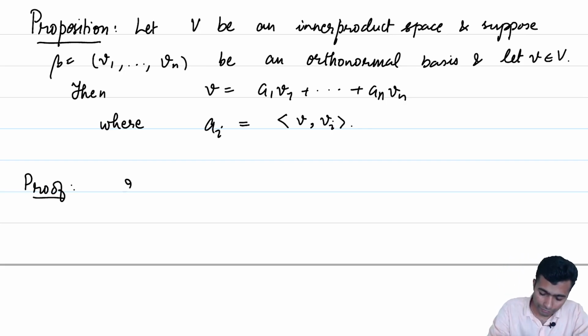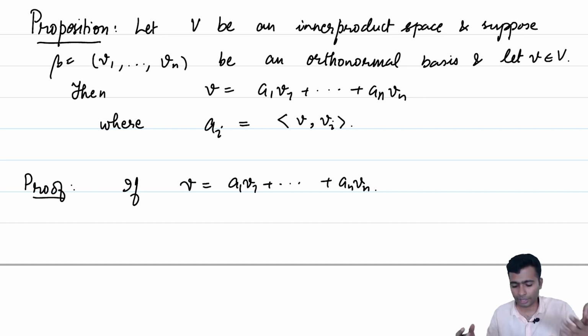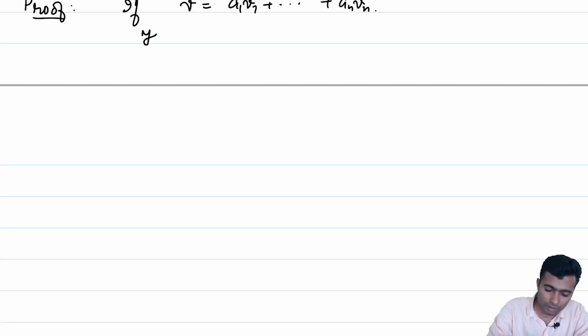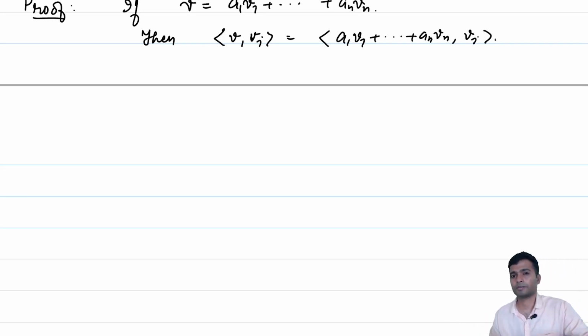So let's give a proof of this proposition. Suppose V is equal to A1 V1 plus up to An Vn, and let's look at the inner product of V with Vi. Then the inner product of V with Vi is the inner product of A1 V1 plus up to An Vn with Vi.